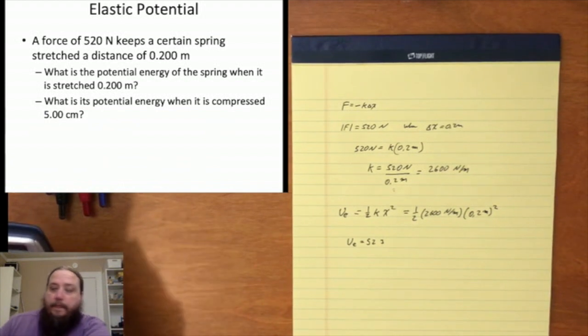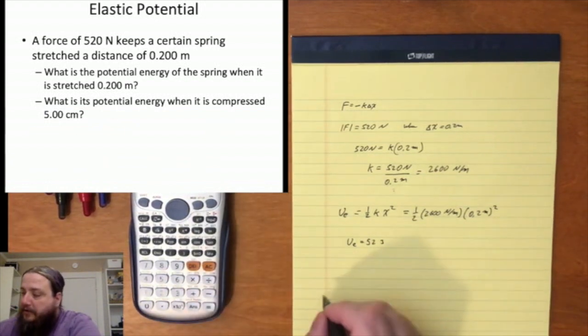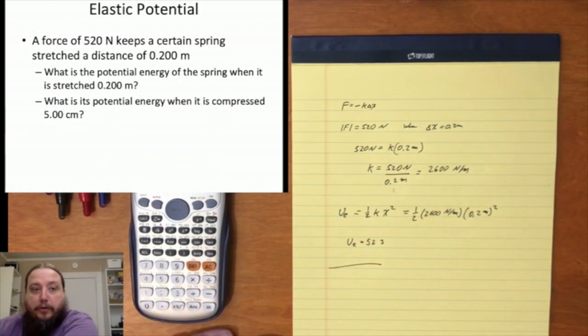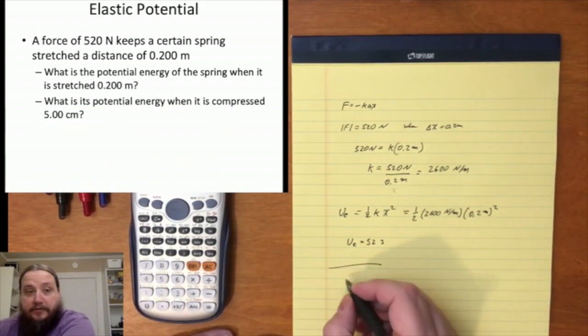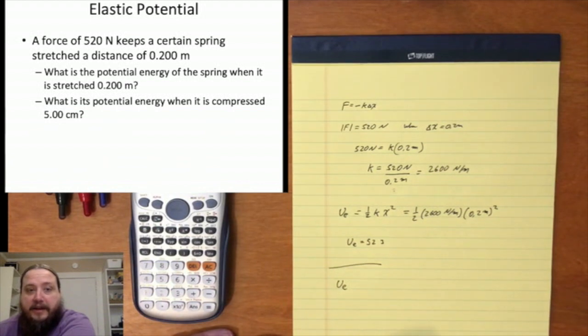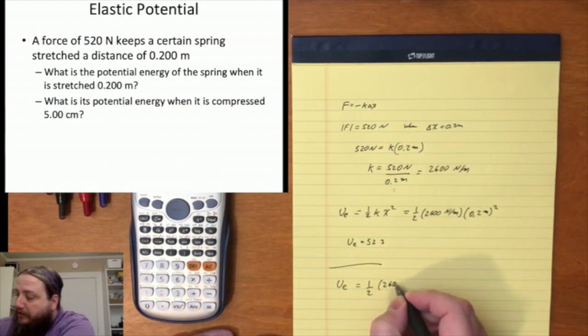And if we compressed the spring by 5 centimeters, which would be a compression of 0.05 meters, right? Then our elastic potential energy in that case, again, 1/2 times our spring constant, 2,600 newtons per meter.